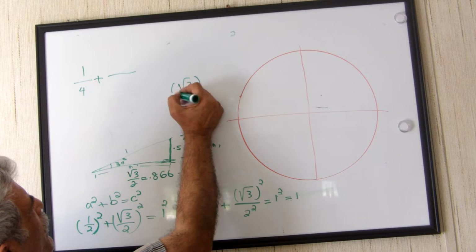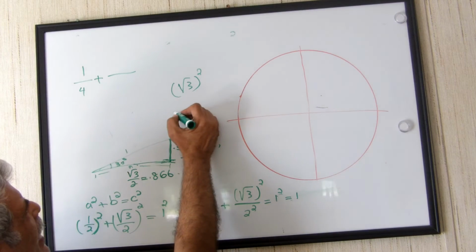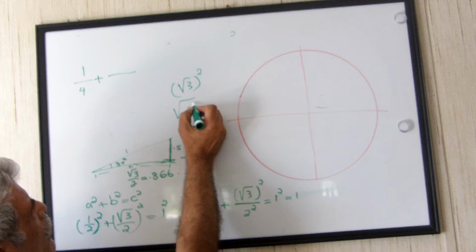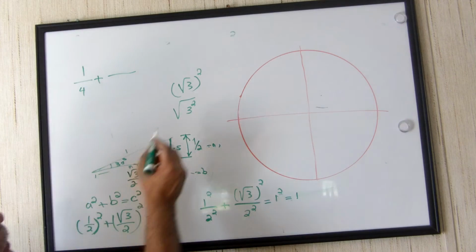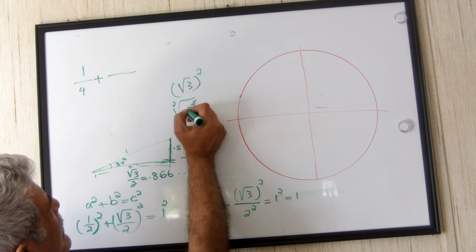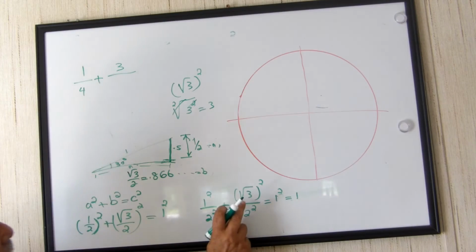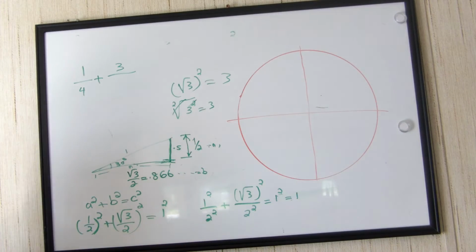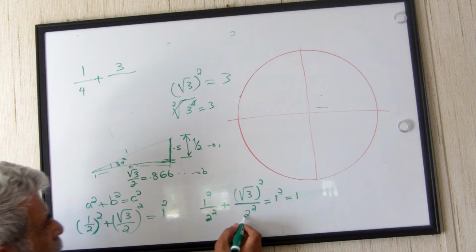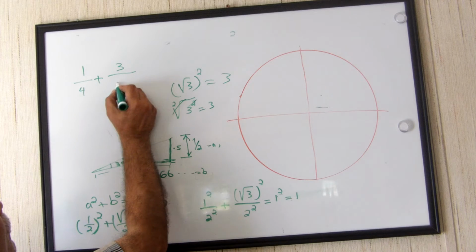If you square it, you square the number inside the radical, and the 2 and the radical cancel out, so it's going to be 3. Then square the denominator, which is going to be 4.